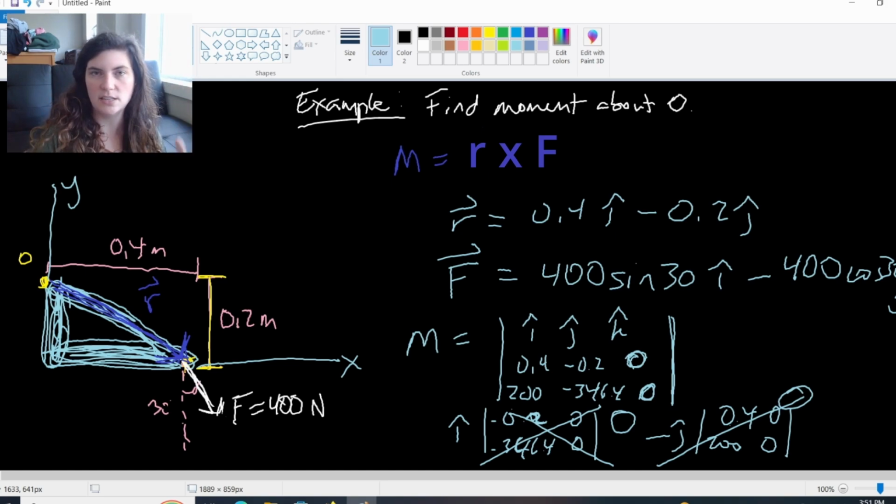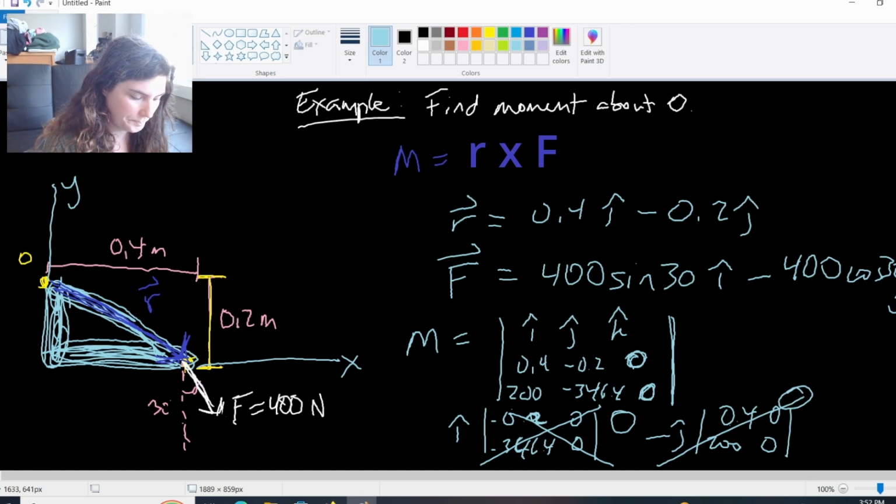And that kind of makes sense with our right-hand rule, right? Our thumb is pointing along the moment axis, and that's usually out of the page at us. That moment axis is the z-axis when we're working in these 2D problems. So you're only going to end up with a k hat component. So let me make some room here.